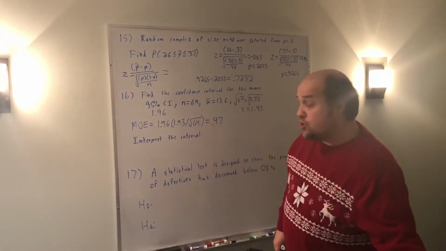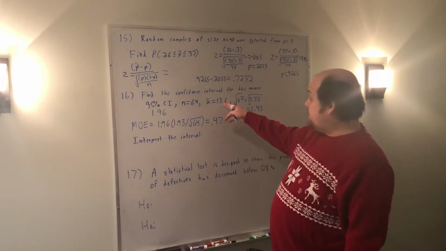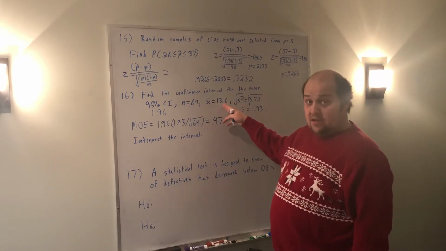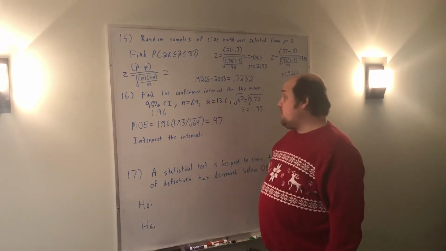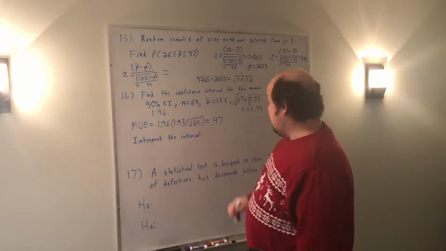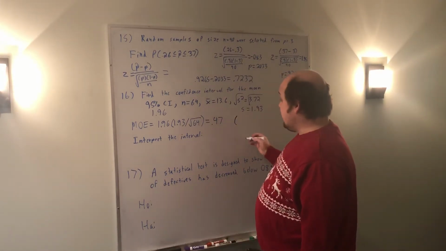Now that I know how much to move, I need to move off of the given sample mean. Notice we haven't used x bar 13.6 anywhere in the formula yet. The only place we use it is to add and subtract.